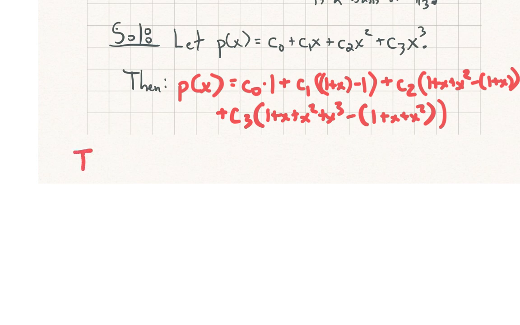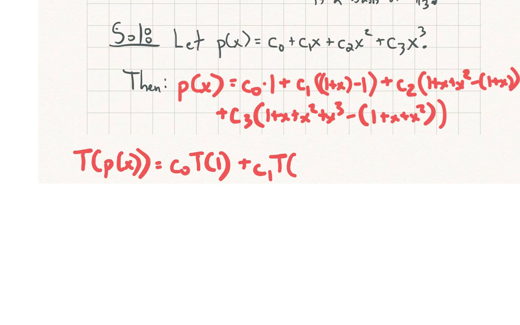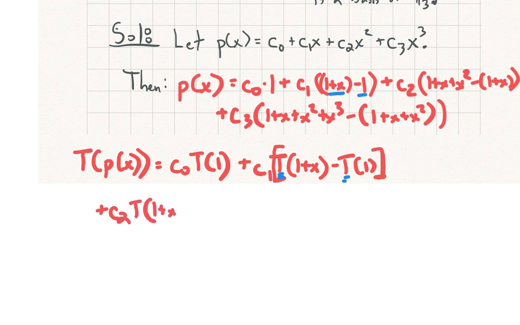So the transformation of p of x is going to be C0 times the transformation of 1, which we know, plus C1 times the transformation of 1 plus x minus the transformation of 1, just splitting that apart using the linearity of our linear transformation, plus C2 times the transformation of 1 plus x squared minus the transformation of 1 plus x.